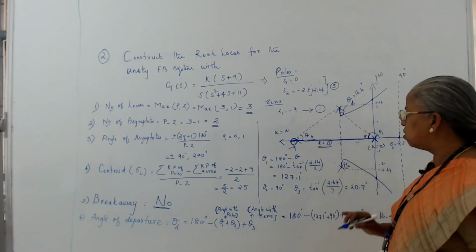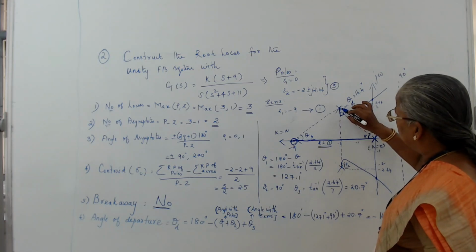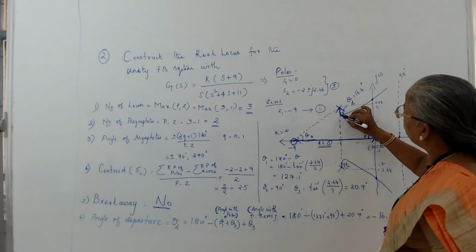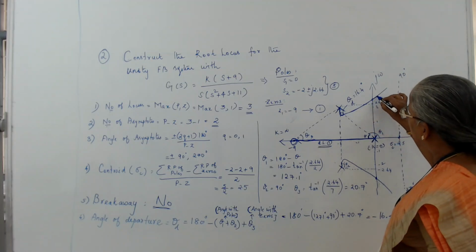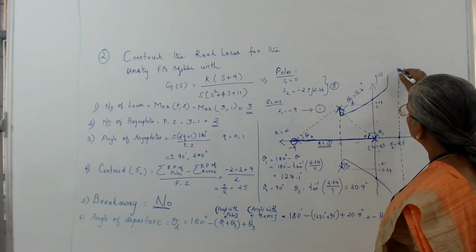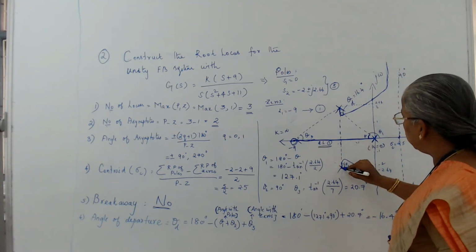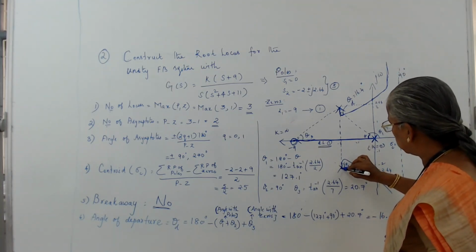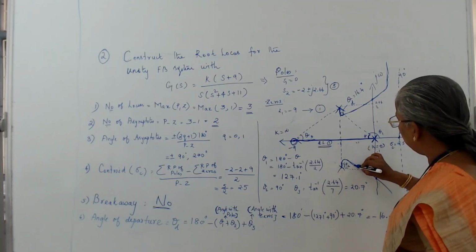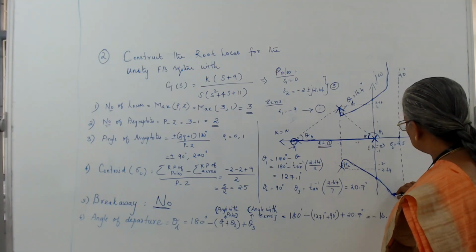So that shows that the root locus will depart from this pole, cross the imaginary axis here, and follow this asymptotic line. Similarly, another root locus will depart from this complex pole, travel like this, and also follow this asymptotic line.